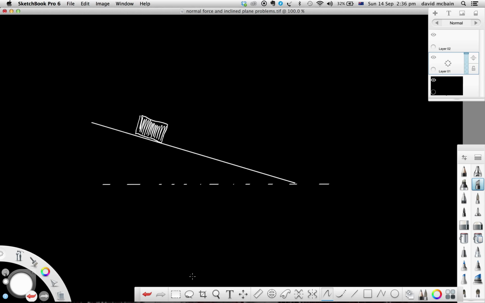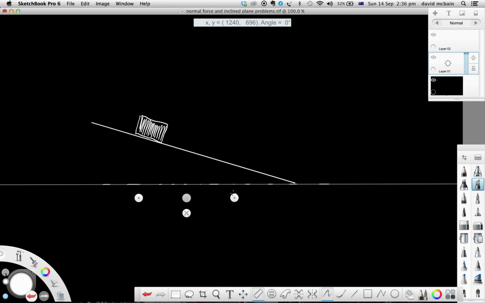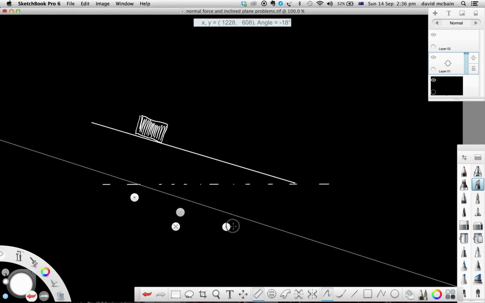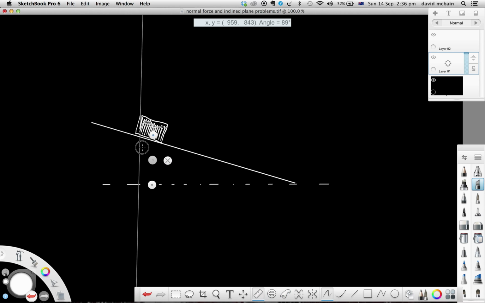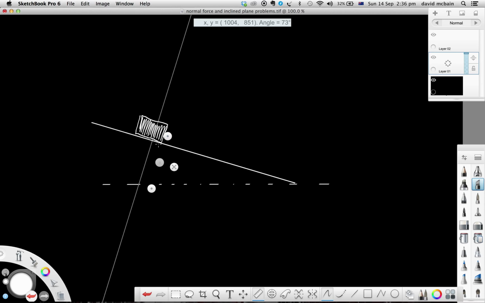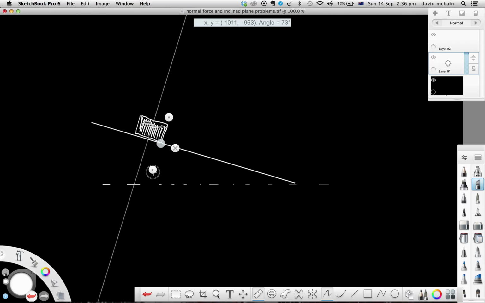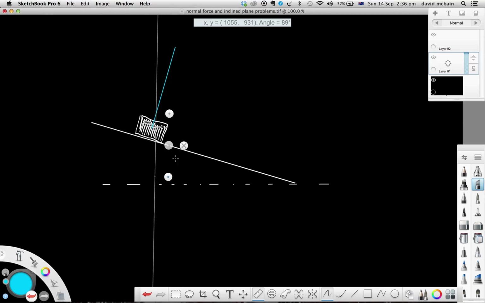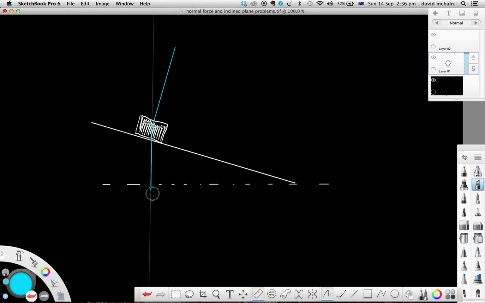Let's draw in our forces. Well, let's draw in the ones we know. Firstly, there's a normal force. There's our weight force.